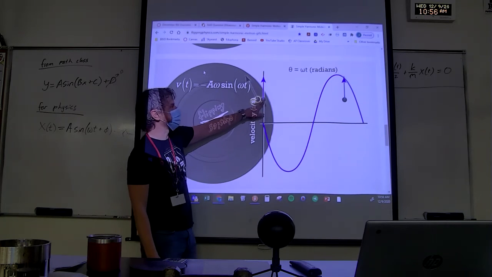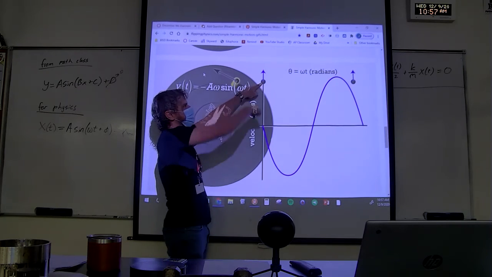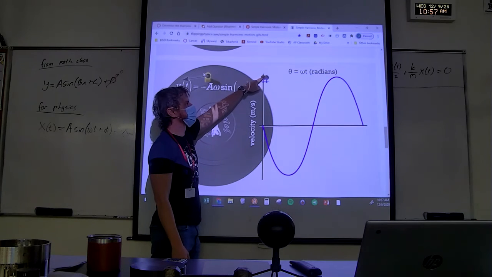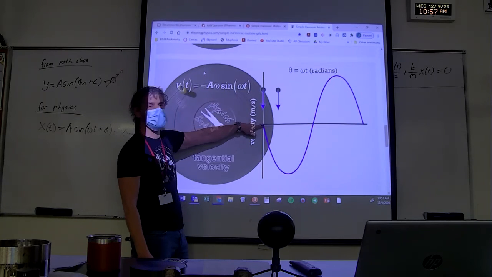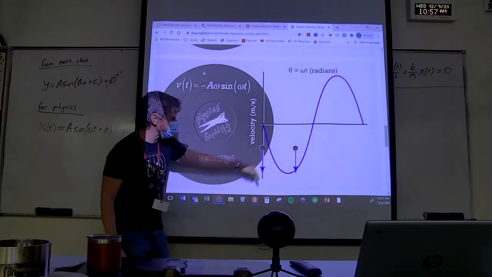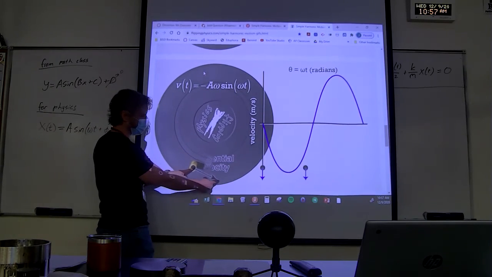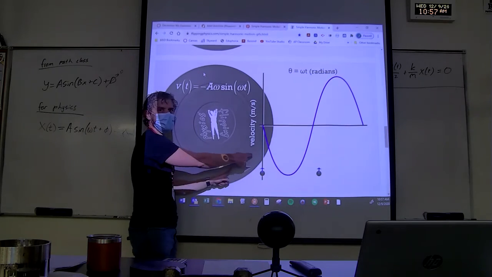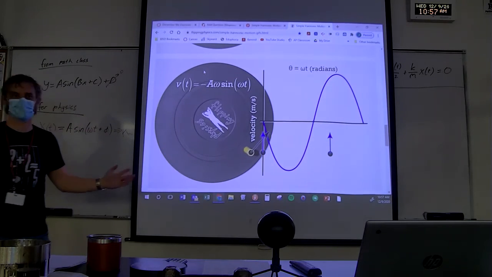The velocity of this sphere reduces as it goes that way because the spring's pulling it down this way, reaches 0, and then starts picking up speed here, maximum speed at the equilibrium mark. Notice that you can look at these velocity vectors and just think of them as the components, the vertical component of this velocity vector, which never changes magnitude. Right?